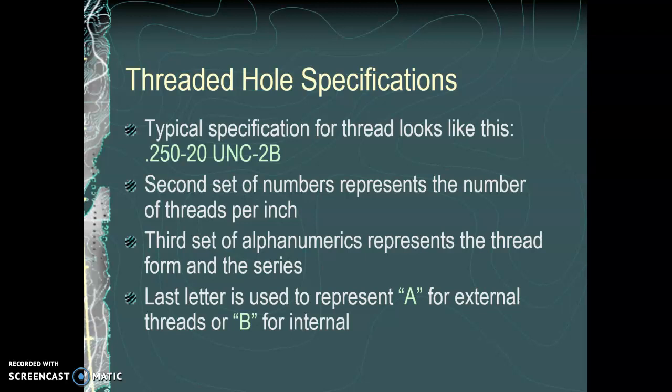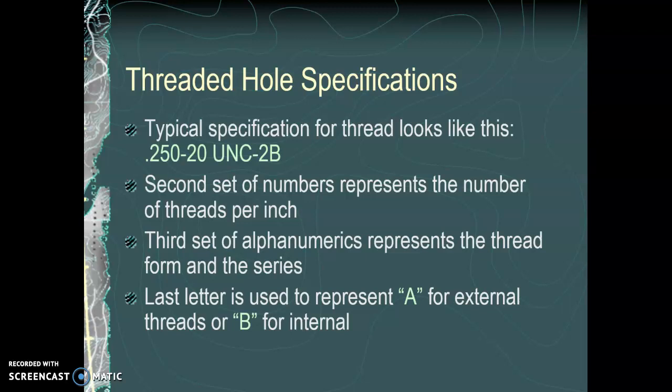The third set of letters is the form and series. Unified National is the form. Coarse is the series. Unified National is the standard type of thread that we typically use in the US. And you can have coarse, fine, or extra fine. Coarse is probably most common, but it depends on the application.